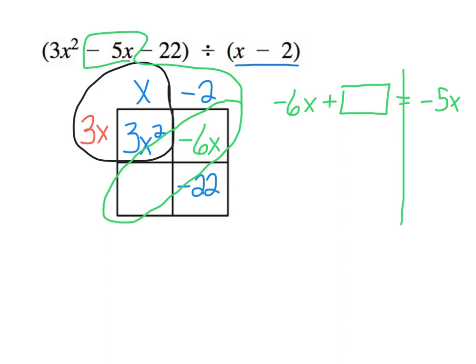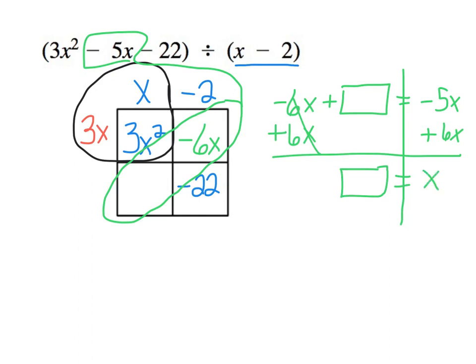That's my unknown. So I'm going to add 6x to both sides. And what I'm left with is my box. And what my box equals is 6x minus 5x, which is x. So all I have to put in the box is an x. And I can double check it and say, is -6x plus x -5x? Yes, so I have the right information.